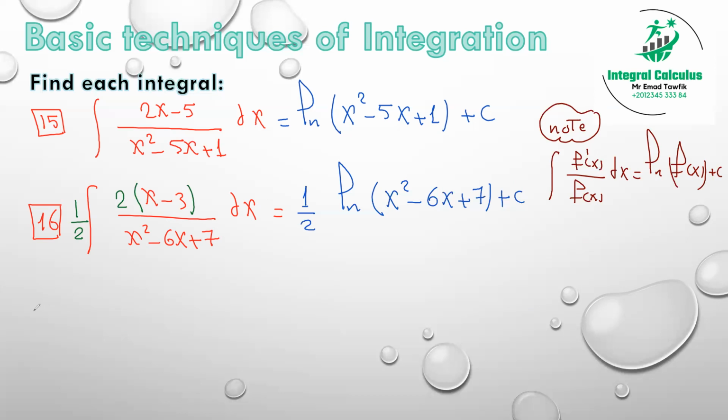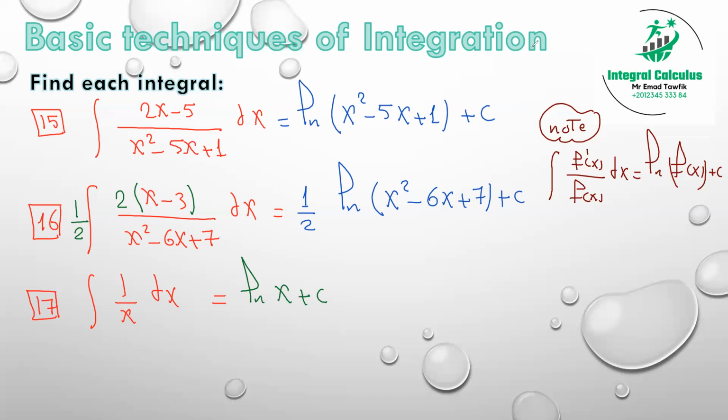That's why, in question number 17, if I ask you to integrate 1 over x, dx, the differentiation of x is 1, so my answer will be ln x plus c.